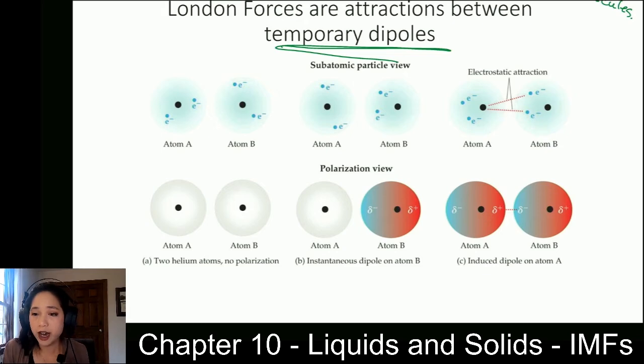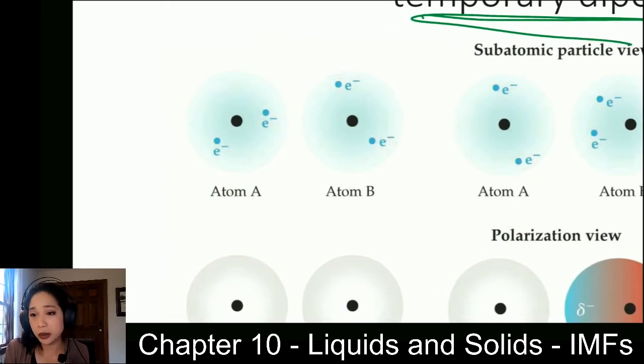They're moving quite fast. So if we think about an atom here, let's say it has 2 electrons, so I guess this is helium. It has 2 electrons and they're moving around in space. And if we just took a snapshot in time of those 2 electrons and where they are, if both of the electrons are just temporarily on one side of the atom, then you produce a temporary dipole.